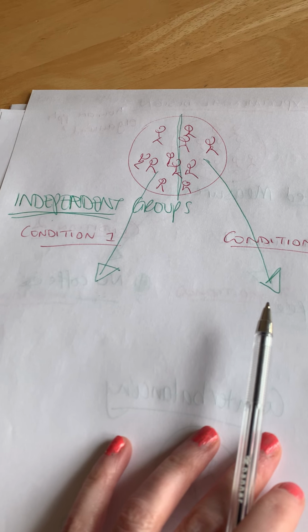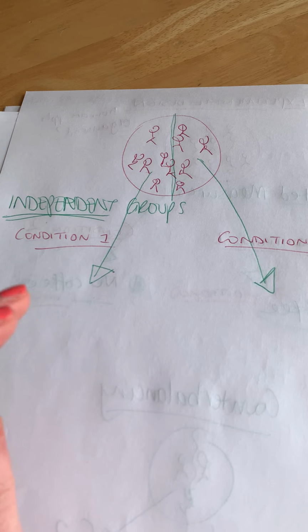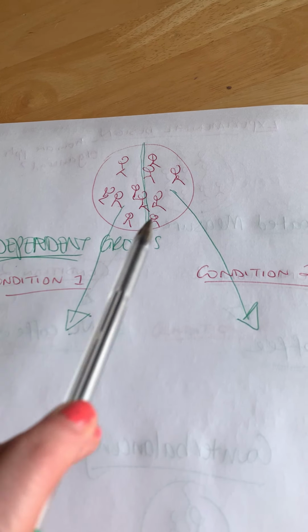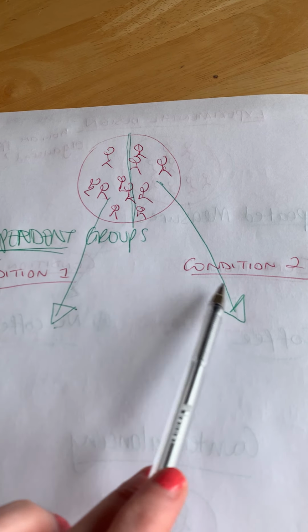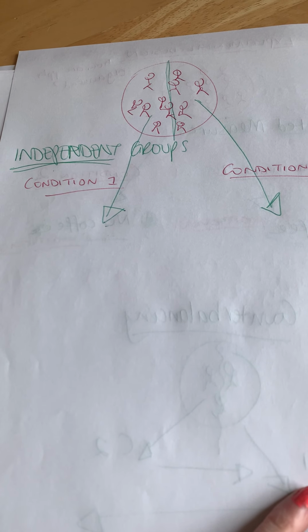Now, the negative of that is that if we need a sample size of 20, then that means 20 for condition 1 and then 20 for condition 2. And because these are different people in each condition, that means actually we need twice the number of participants. We would need 40.